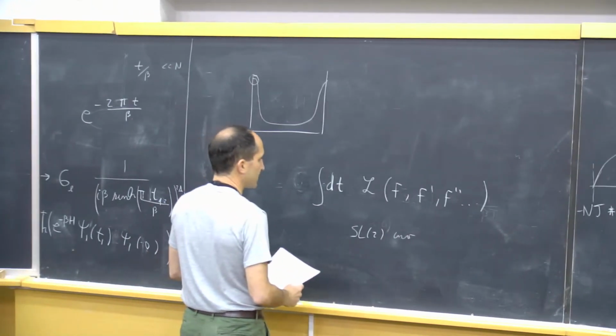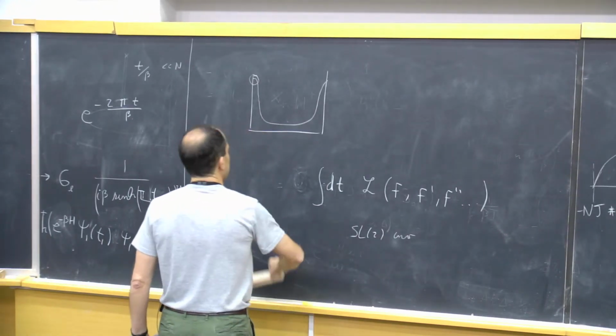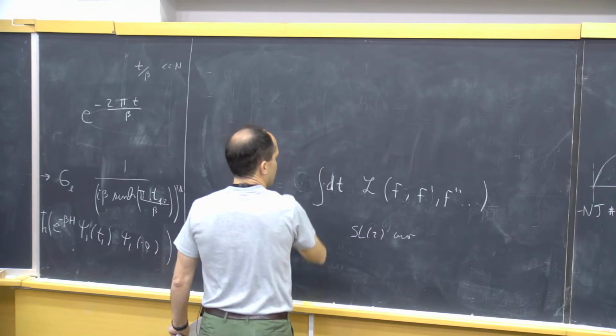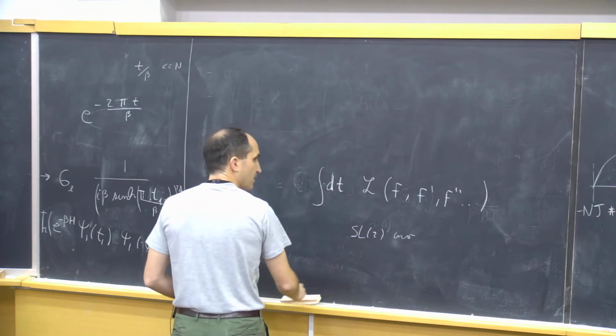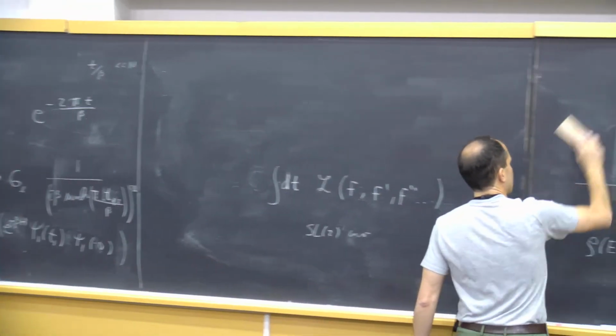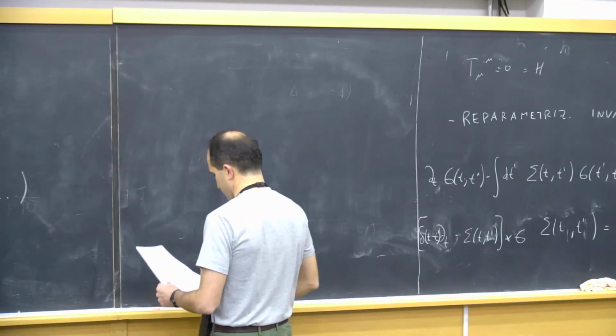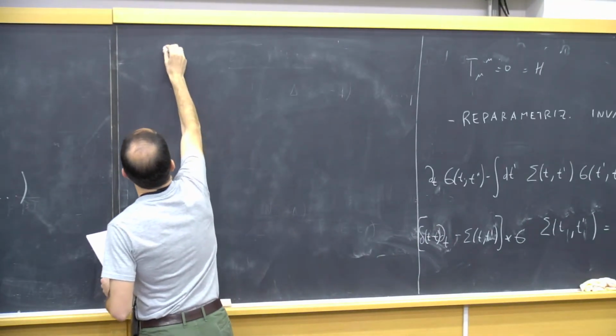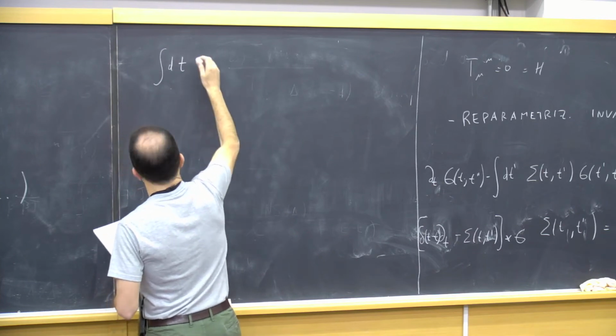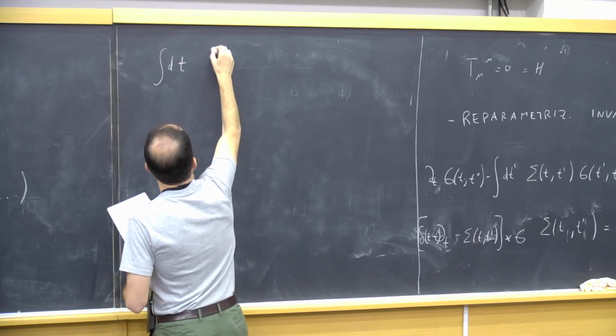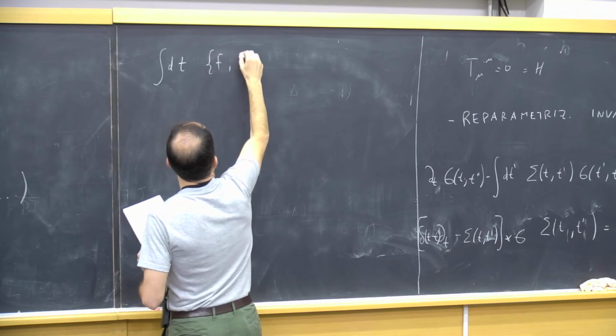And the simplest action that has these properties, I should write it here, is the so-called Schwarzian action, the Schwarzian derivative of f, sometimes written with a bracket like this.